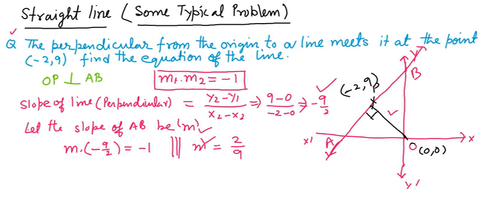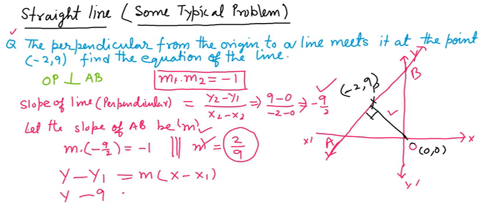And according to previous knowledge, the equation of a line AB passing through the point (-2, 9) and having slope 2/9 is, by the concept, y minus y1 is equal to m into (x minus x1). y1 is 9, m is 2/9, x is x, and x1 is -2, that is plus 2.